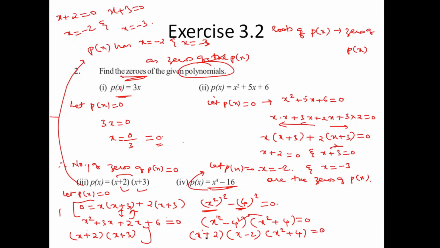When I'm equating everything to 0, I have the roots as x is equal to 2, or x is equal to minus 2, that is x equals plus or minus 2. So these will be the required equations. These are the zeros of the polynomial a of x. Hope it's clear to everyone, right?